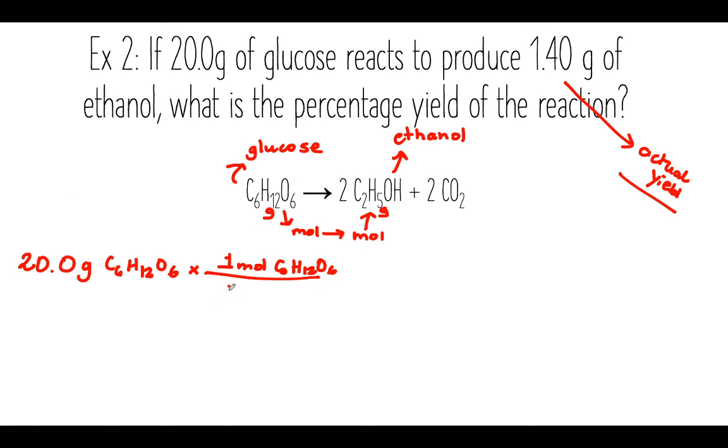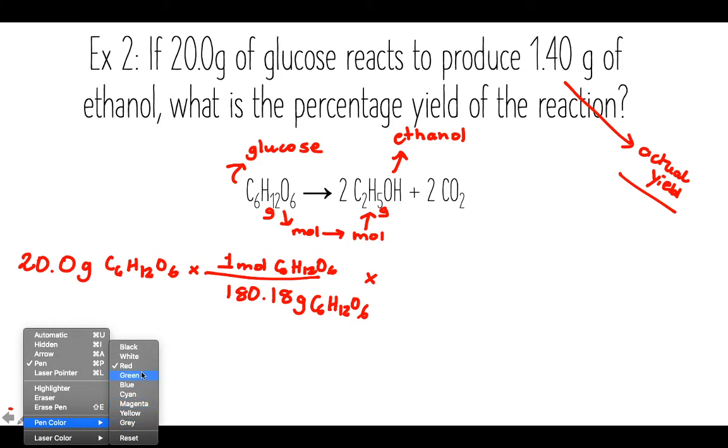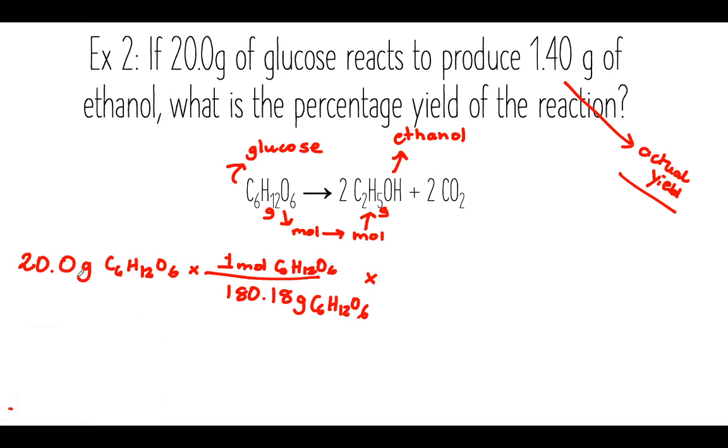I'm going to get 180.18 grams of C6H12O6. Right? So now I've canceled out my units of grams of glucose, and I've now found my moles of glucose.